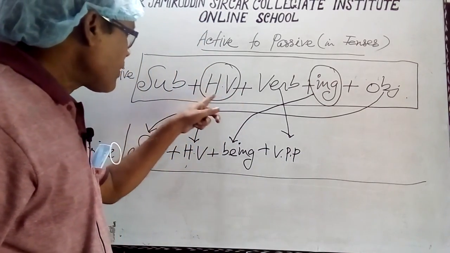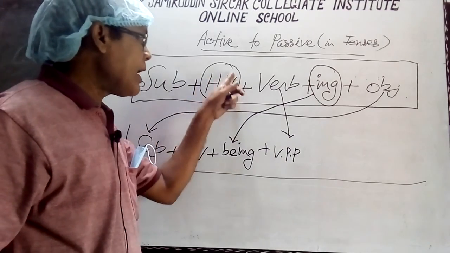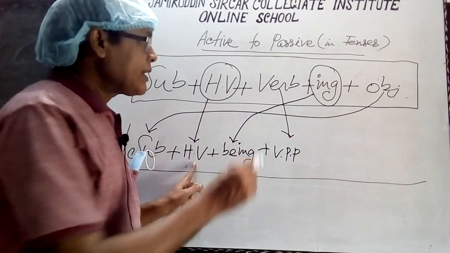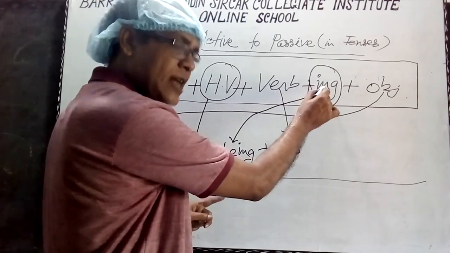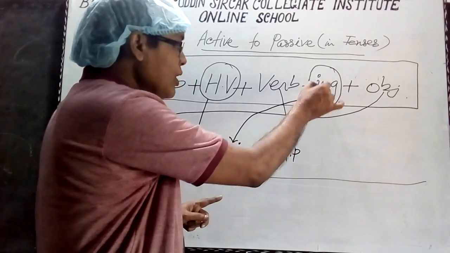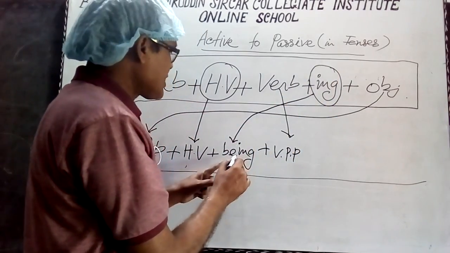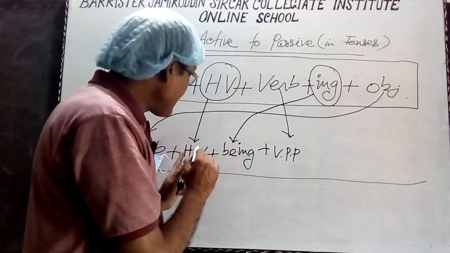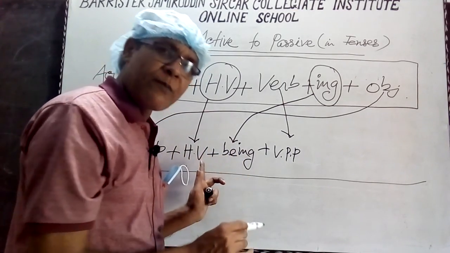So the helping verb is here, then as there is ing in the verb, removing the ing, we must use being after the helping verb.